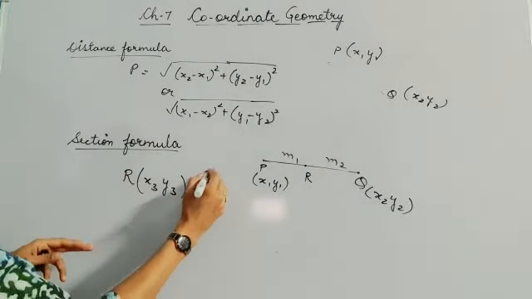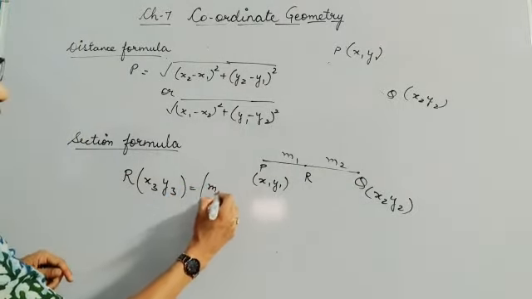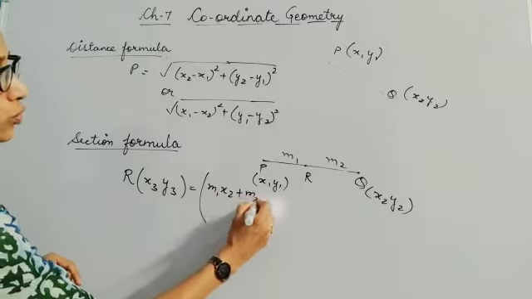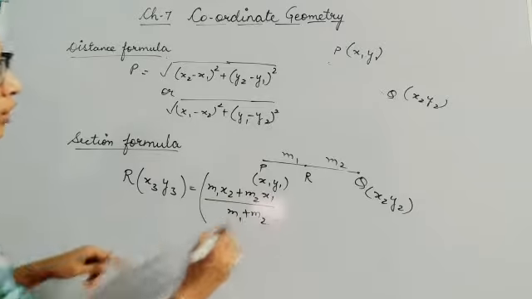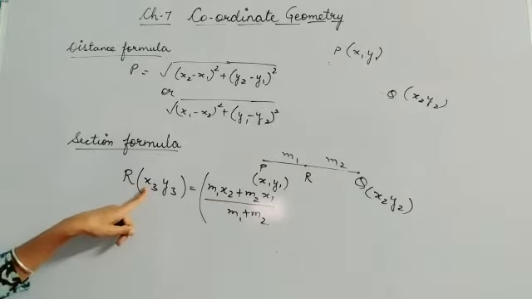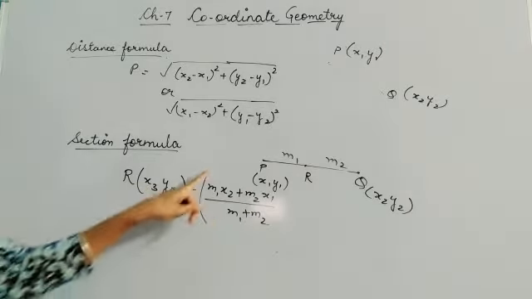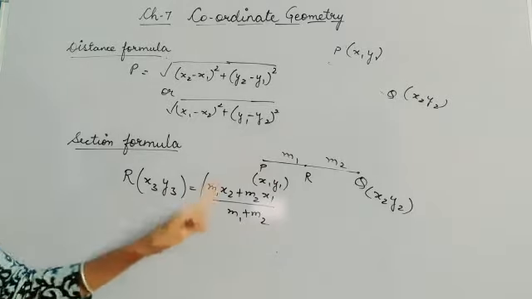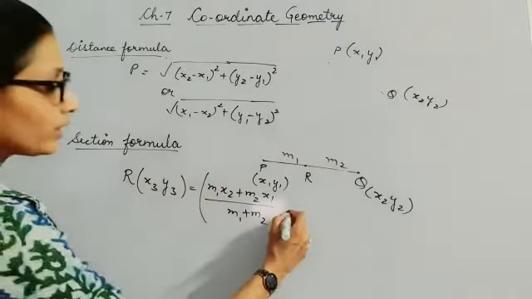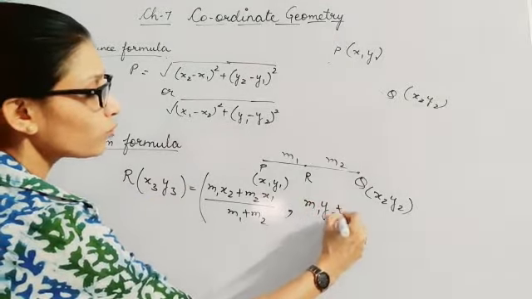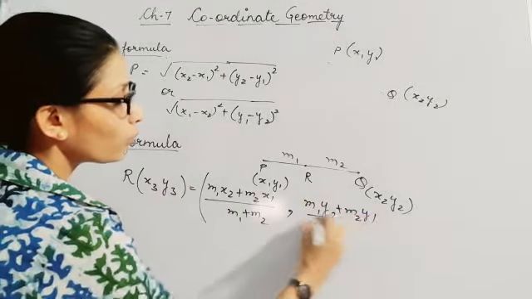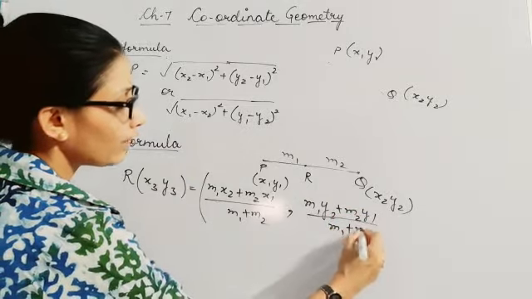So I can write it as m1 x2 plus m2 x1 whole upon m1 plus m2. Now we know that the first form is x, that's why this complete term is written in just x form. The next is your y, so you will be writing it as m1 y2 plus m2 y1 whole upon m1 plus m2.